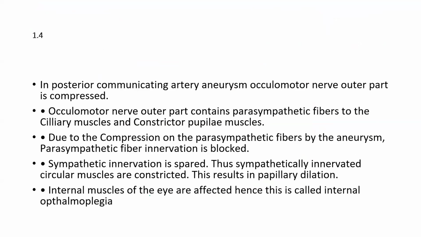Due to the compression of the parasympathetic fibers by the aneurysm, the parasympathetic innervation is blocked. Sympathetic innervation is spared. The circular muscles are denervated, and this results in pupillary dilatation. Internal muscles of the eye are affected, hence it is called internal ophthalmoplegia.